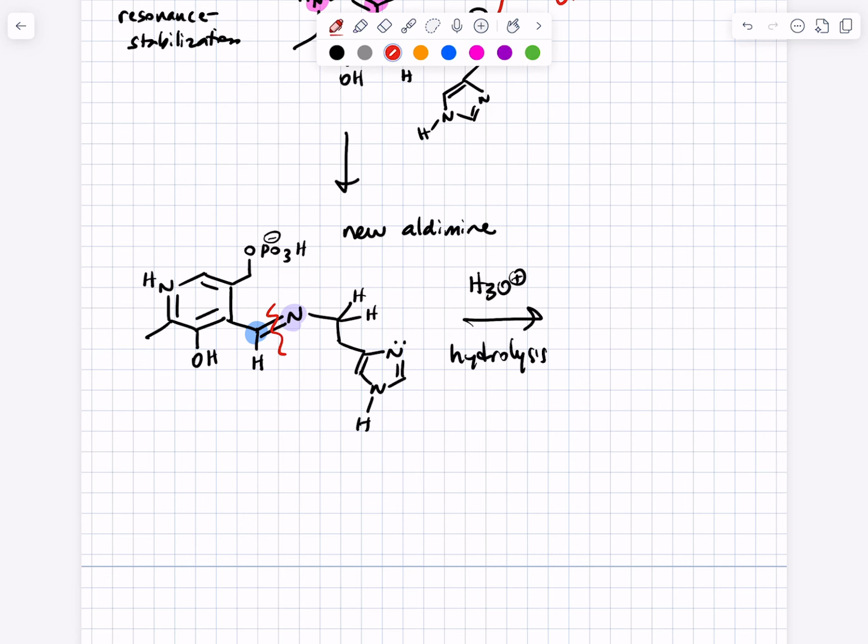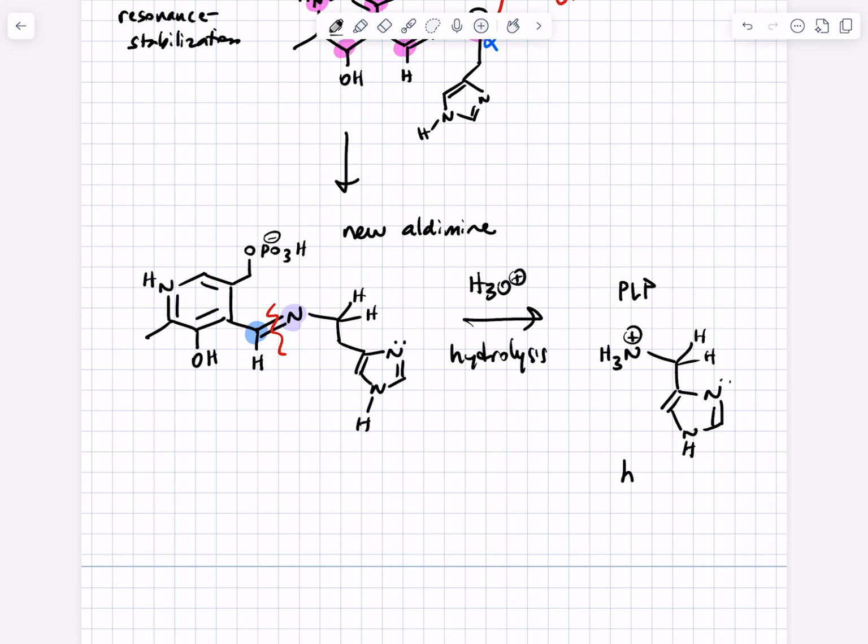We put an oxygen attached to the carbonyl carbon that basically restores PLP and gives us this molecule, which is no longer histidine because it lacks the carboxylate group. What we've got now is histamine, which is a neurotransmitter and also is a signaling molecule for allergic responses. Okay? So this is how your body makes histamine.